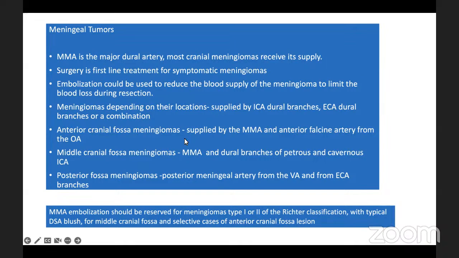So the major benefit is in the middle cranial fossa meningiomas and some of the anterior cranial fossa meningiomas, which have major supply from the MMA. So patients who have this DSA blush after ECA injection can be helped by an MMA embolization for middle cranial fossa and selective cases of anterior cranial fossa lesions.